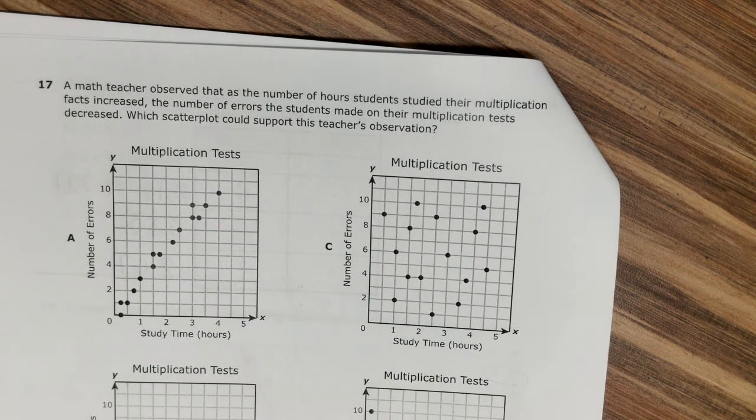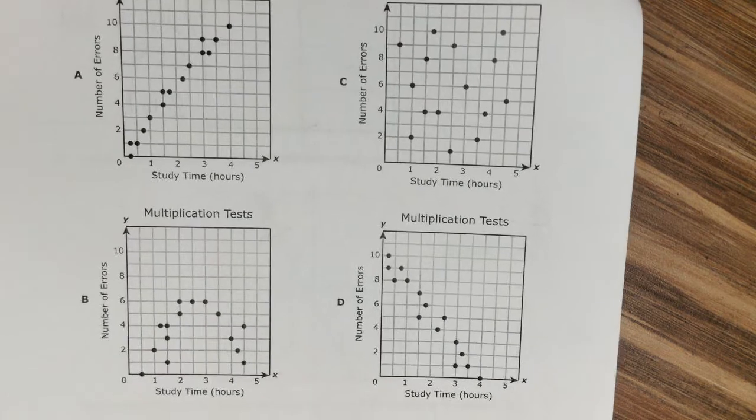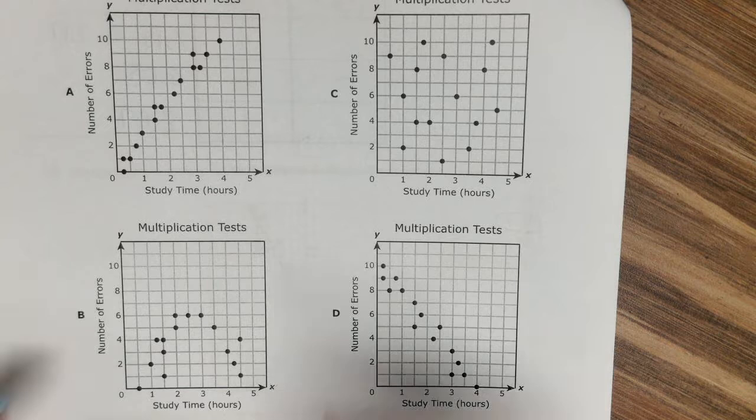A math teacher observed that as the number of hours students study increases, the number of errors they make on their multiplication tests decrease. Did y'all hear what it just said? As they study, their errors do what? All right, so which one has it as it's going up on the x-axis, it's going down on the y-axis? What's happening here?